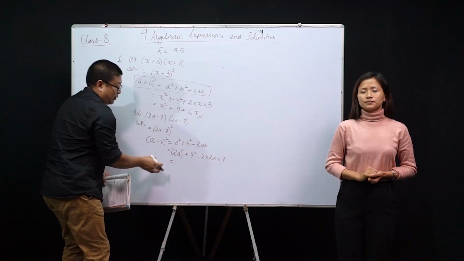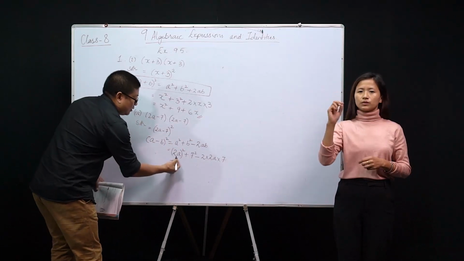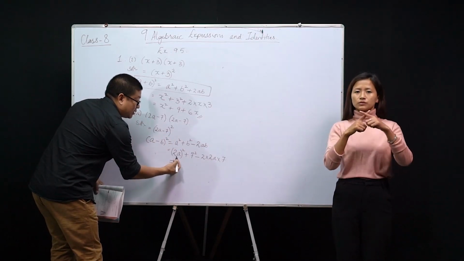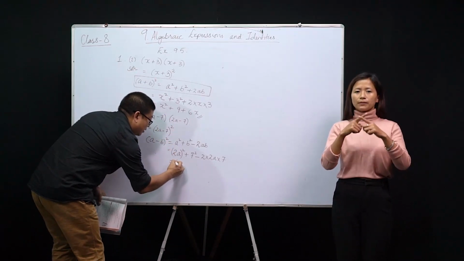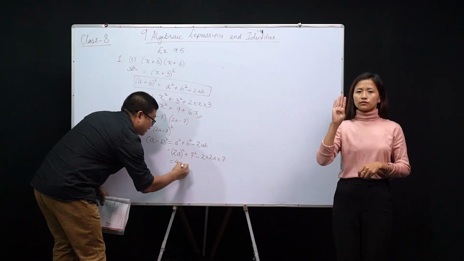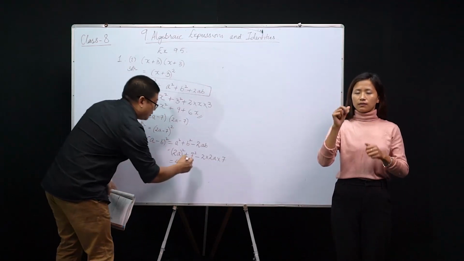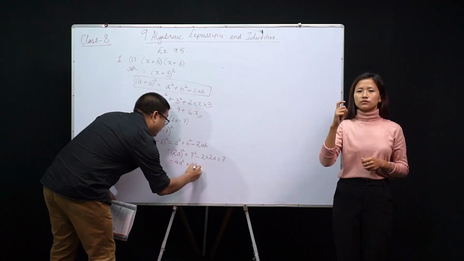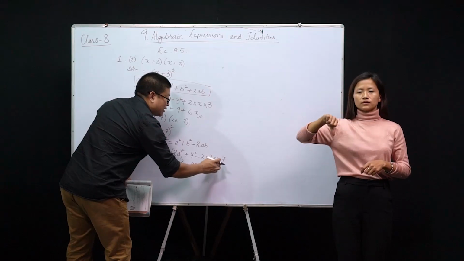So here, (2a) the whole square means 2 will be multiplied 2 times, a will be multiplied 2 times. So 2 into 2 is 4, a into a is a square, plus 7 multiplied 2 times, you get 49, minus, now you have to multiply these 3.